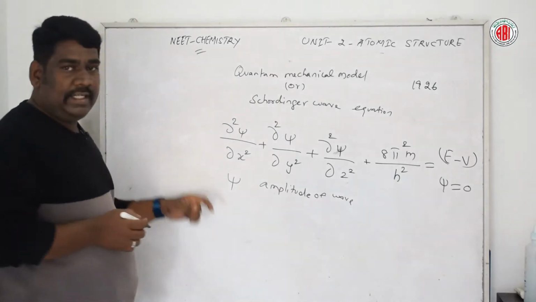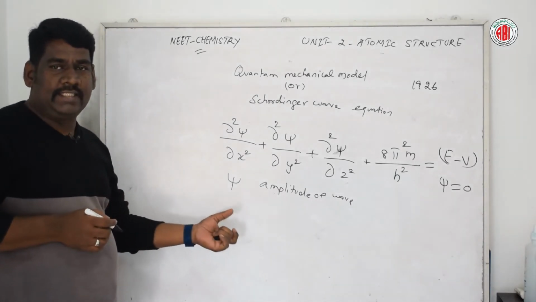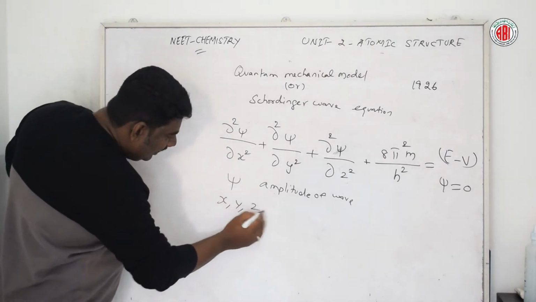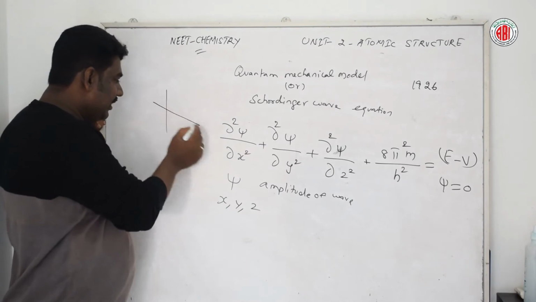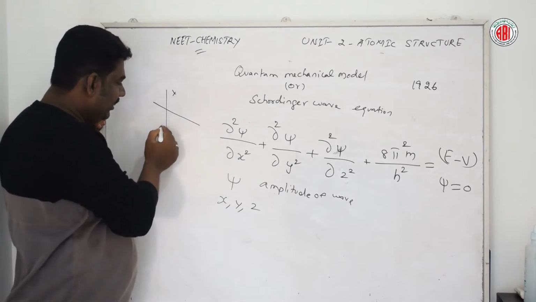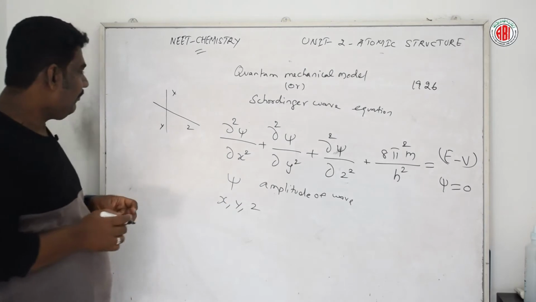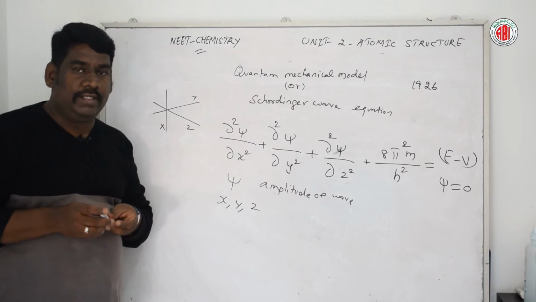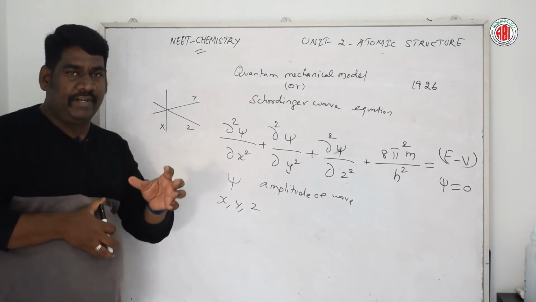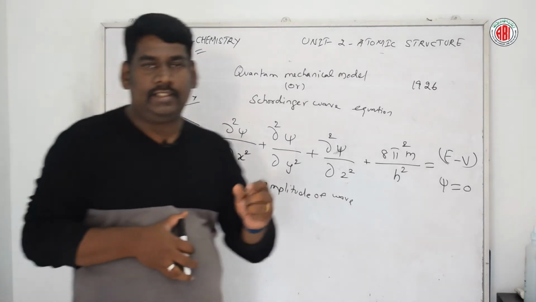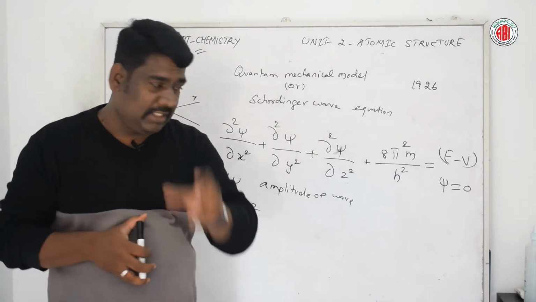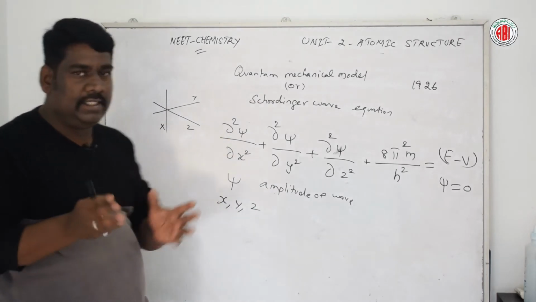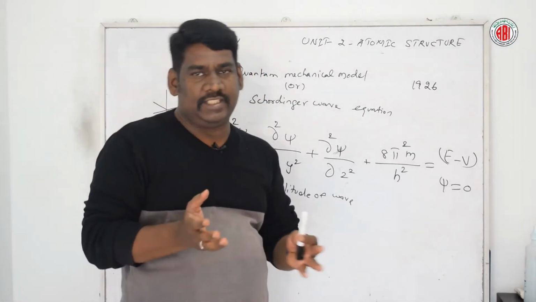Next, talking about x, y and z: these are the 3 dimensions. They explain the 3 different coordinates of the possible position of the electron, the 3-dimensional position of the electron.